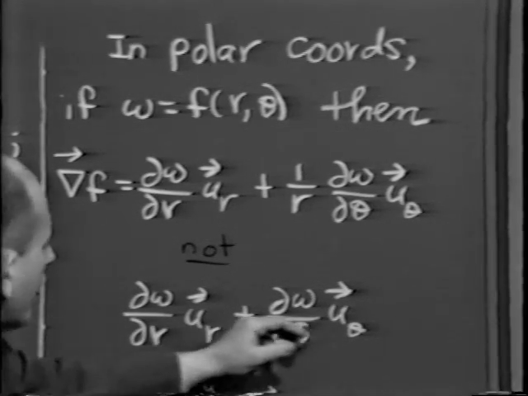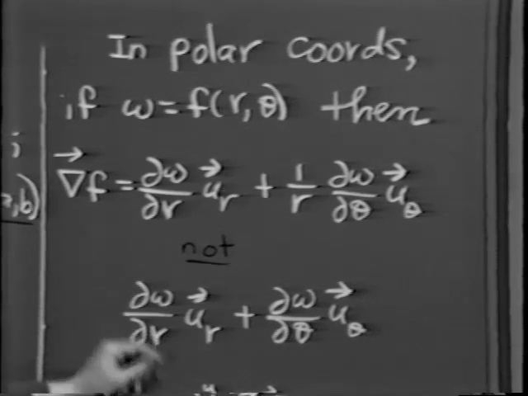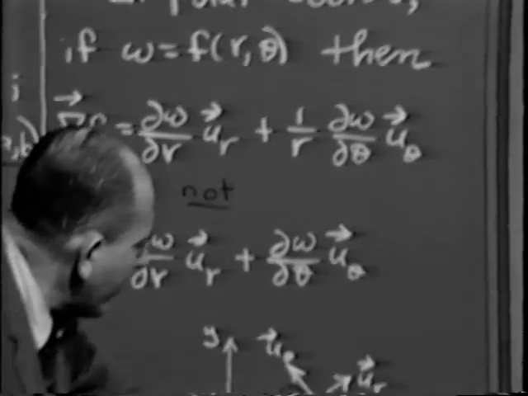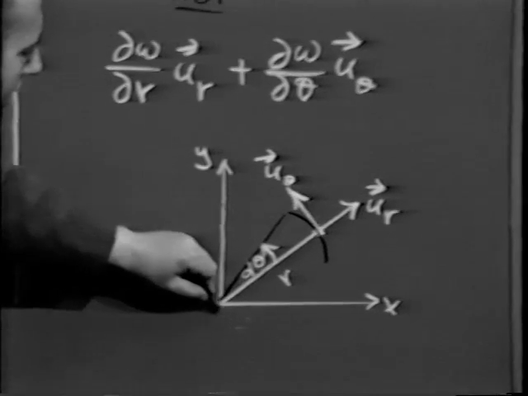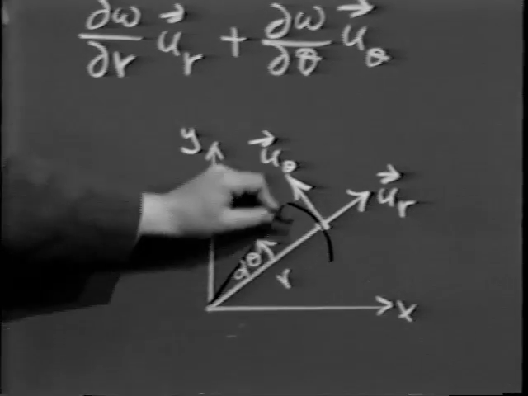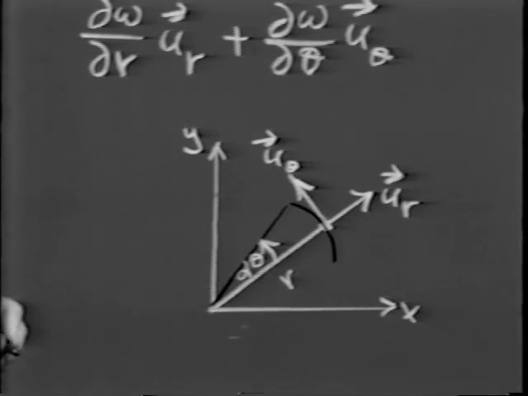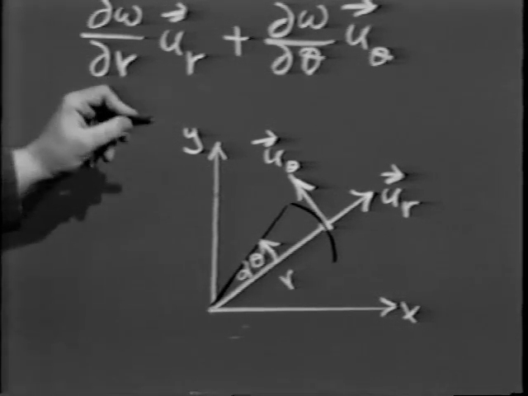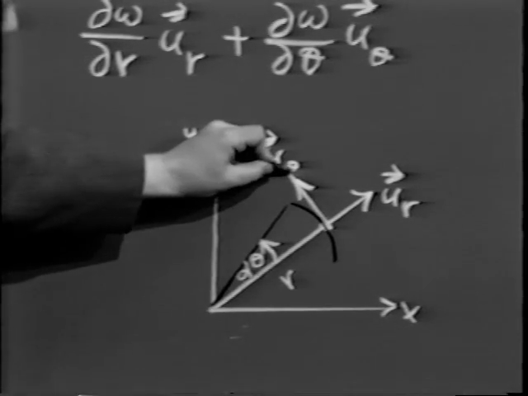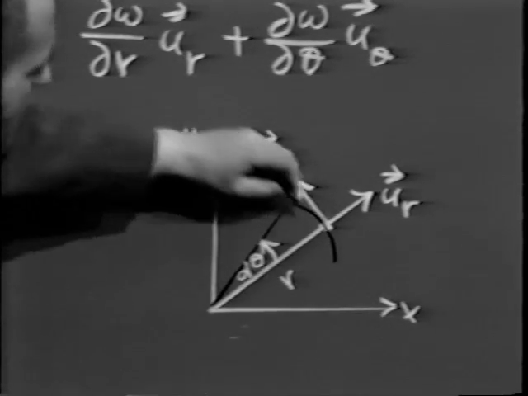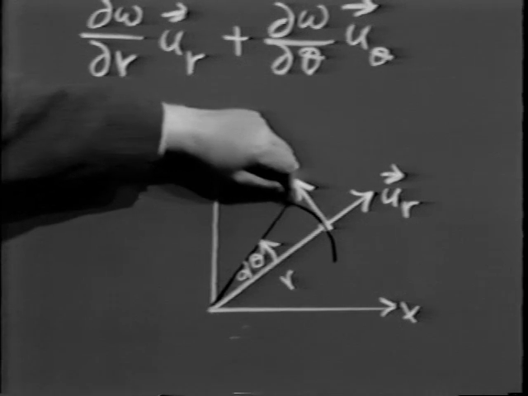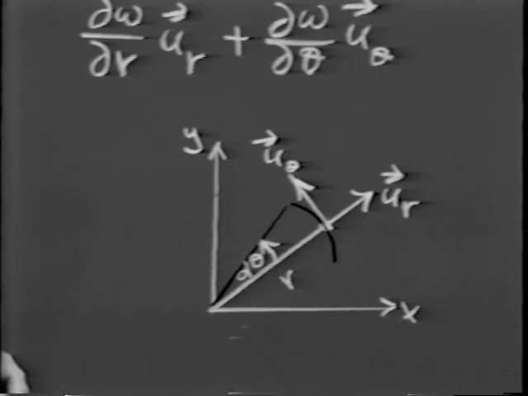And the key reason that you can't do this, well, let's just look at this little diagram, and I think the whole idea will become very clear. Remember that in polar coordinates, r is denoted this way. U sub theta is at right angles to r. Notice that u sub theta is not in the direction of theta. Notice that the direction of theta is sort of the tangent to this circle of radius r at this point.